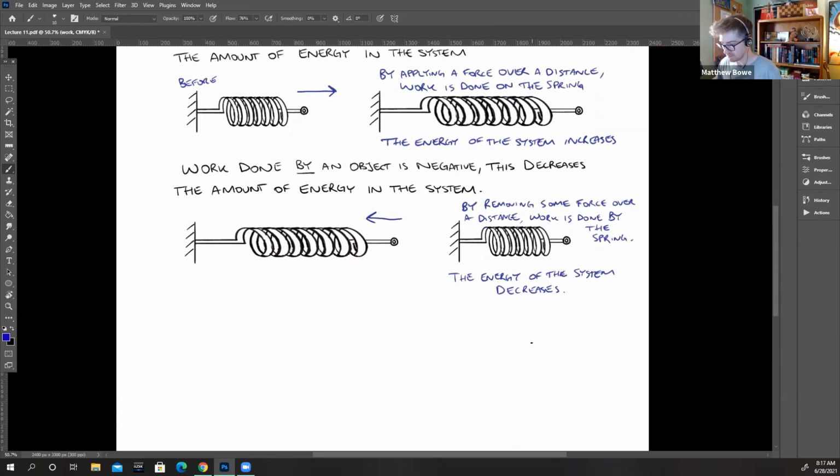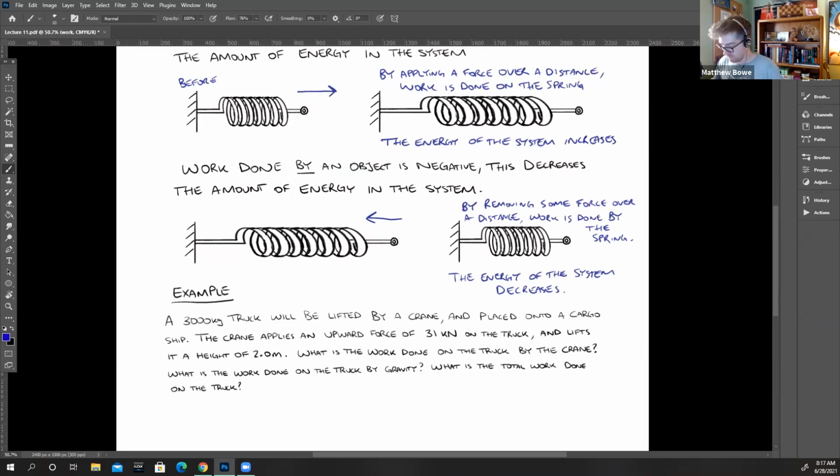Okay, I'll do a quick example of this. We have a 3,000 kilogram truck. It's being lifted by a crane and placed onto a cargo ship.